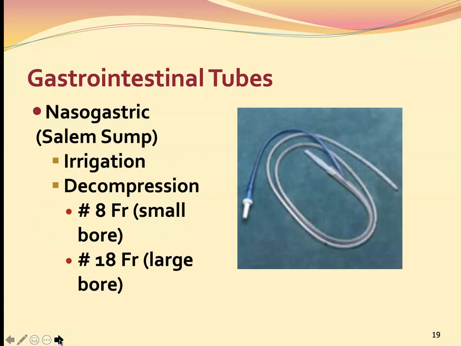Here's some of the tubes that we use. The saline sump can be used for irrigation, decompression. The most common one we use for decompression is 16 to 18 French.